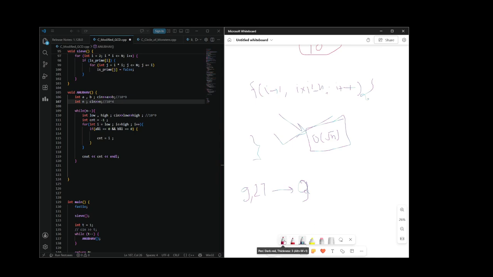So for that we would be getting the values in the pairwise format.